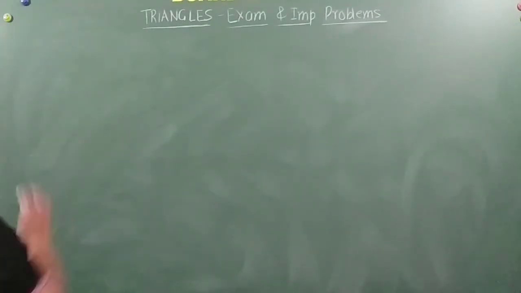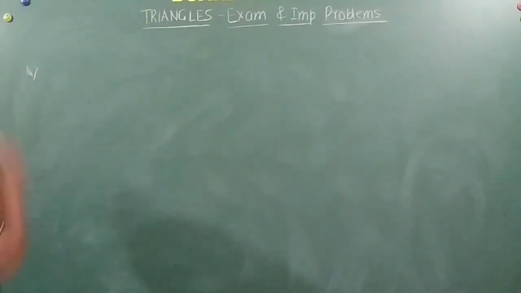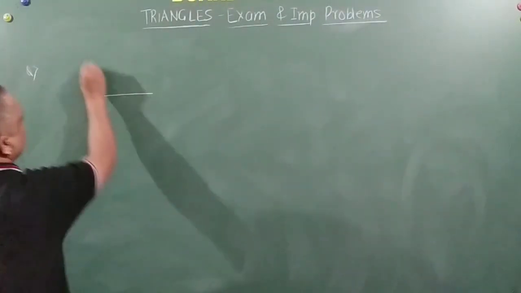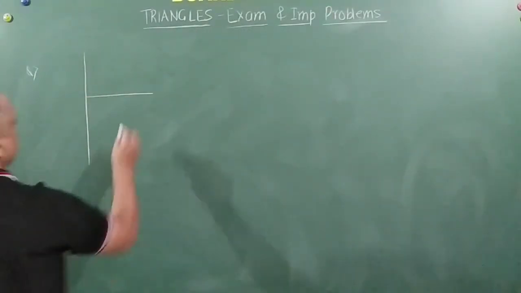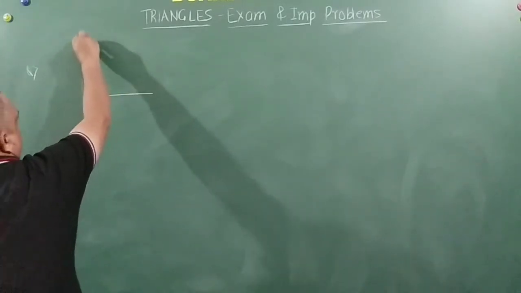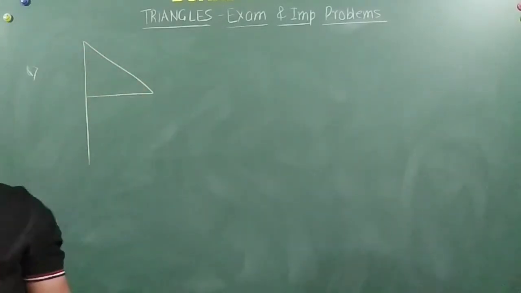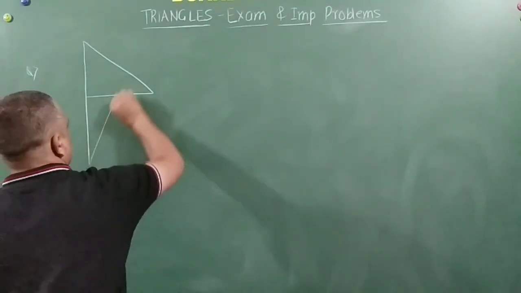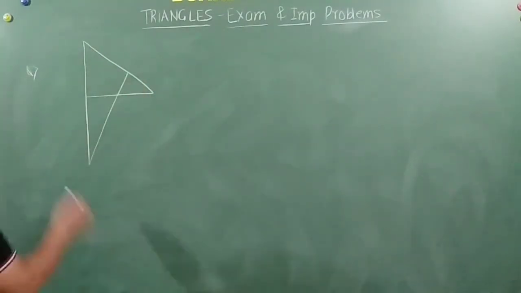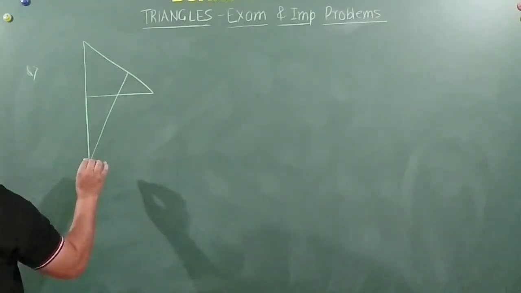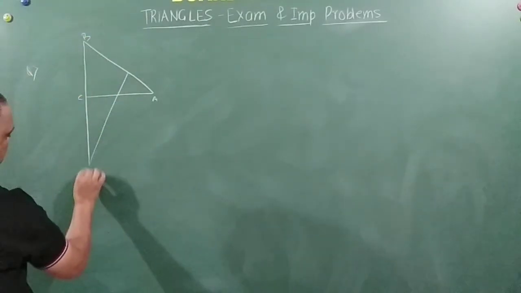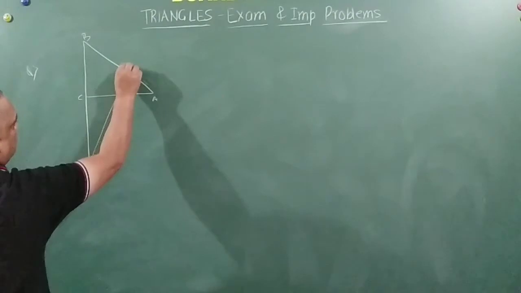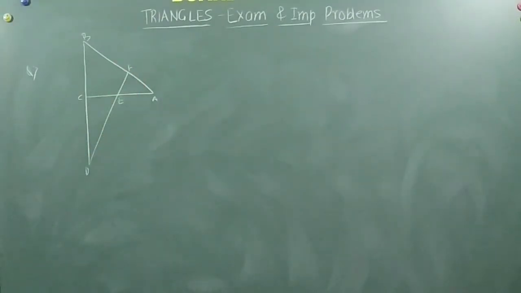Now there is one more, last question, last one. In the figure below, there is a figure given. I'll just name it A, B, C, D, E, F. Okay, so what is given in the figure below?